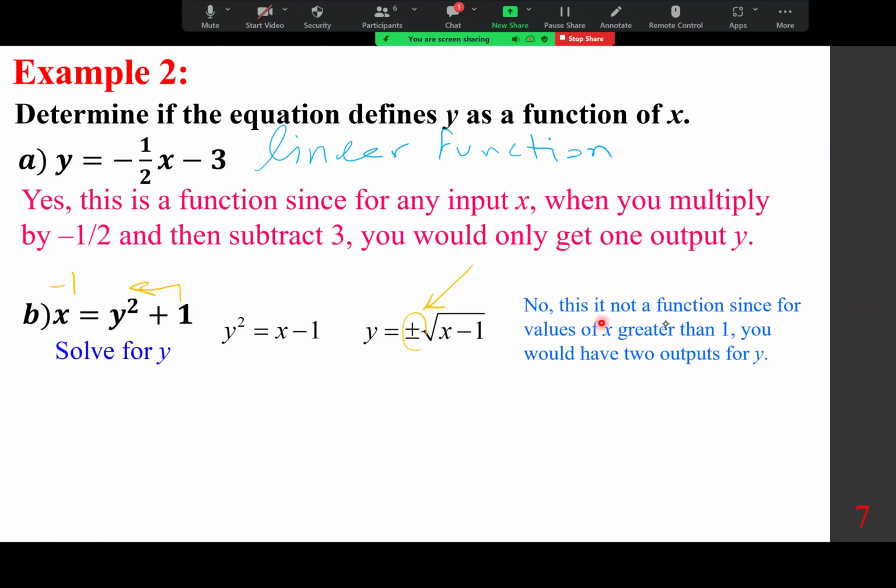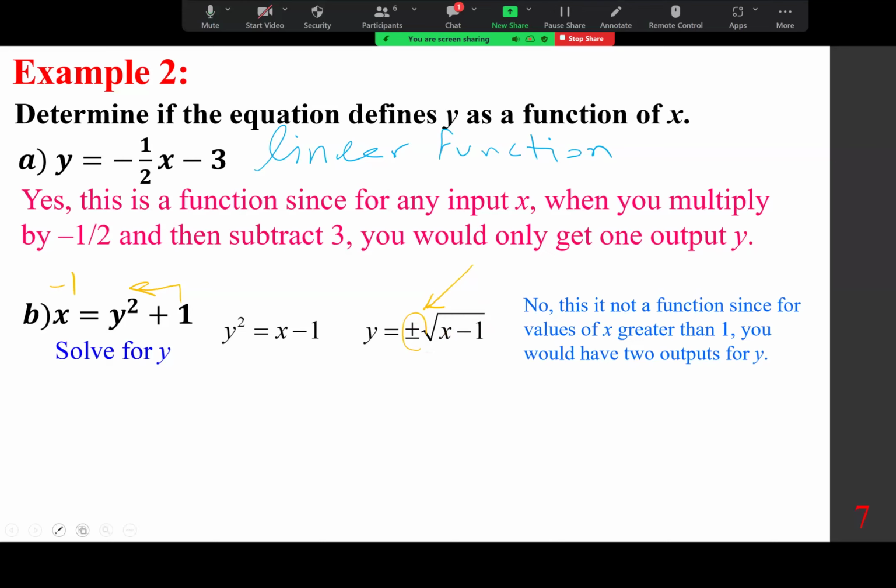So again, no, this is not a function, since for values of x greater than 1, you would have 2 outputs for y. So if you pick, for example, the number 5, 5 minus 1 gives you 4. The square root of that with plus or minus gives you plus or minus the square root of 4, which is plus or minus 2.